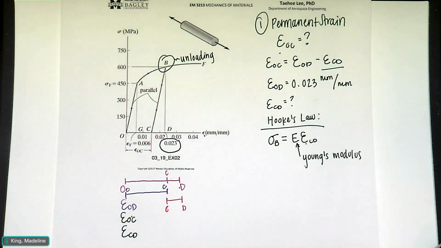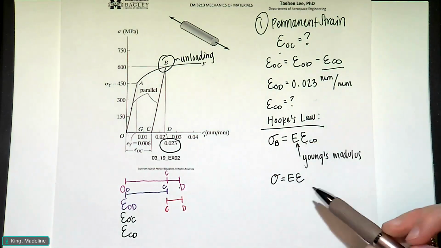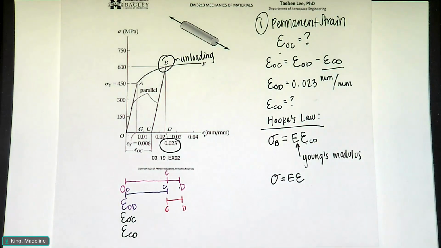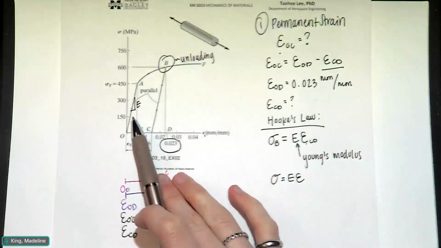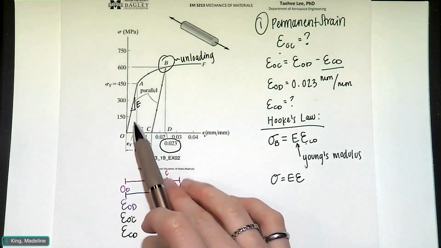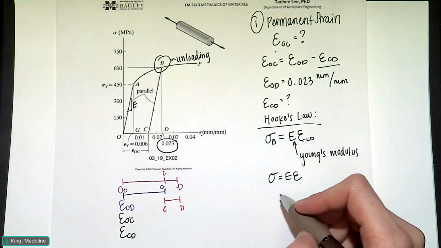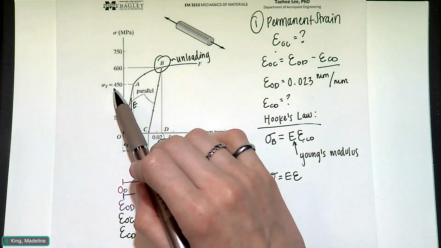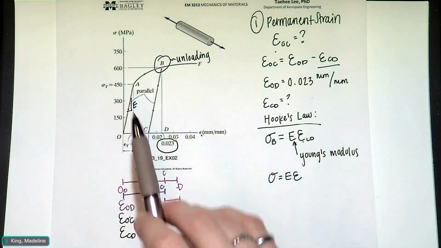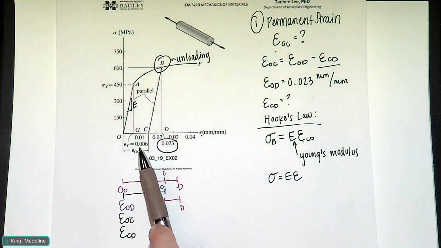Well, we can do Hooke's law. Again, sigma is equal to E epsilon. Now we need a sigma and an epsilon to find what Young's modulus is. And Young's modulus is the slope of the elastic behavior region that's going on. So that's Young's modulus there. And we know that for our elastic region, our sigma is 450 megapascals, and our epsilon is 0.006.